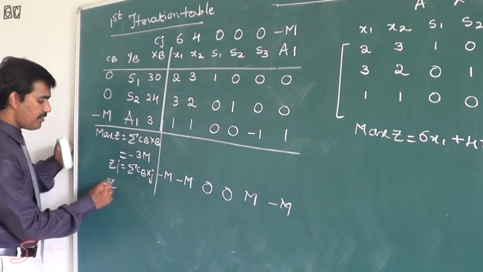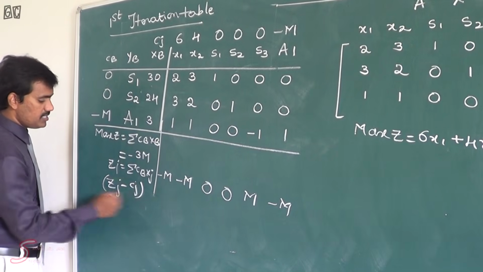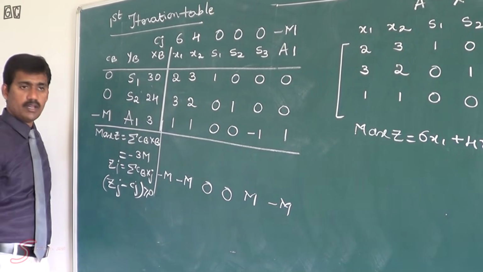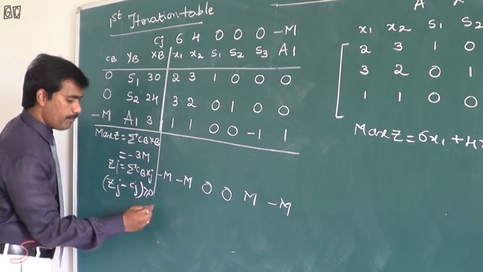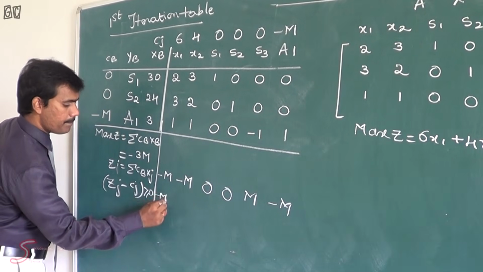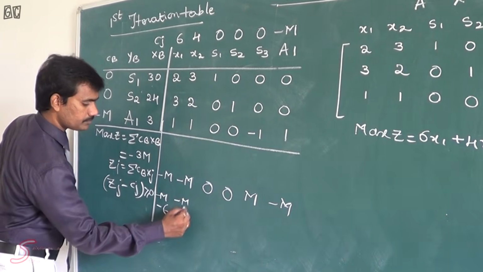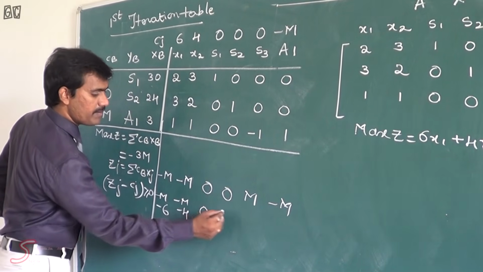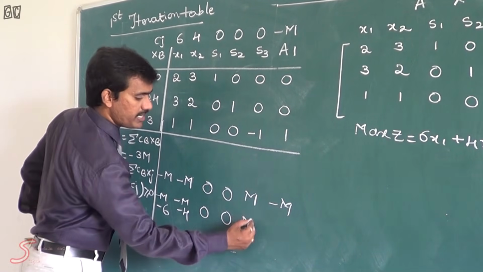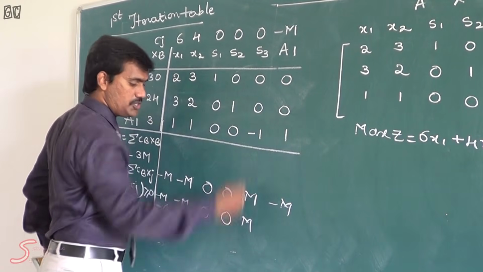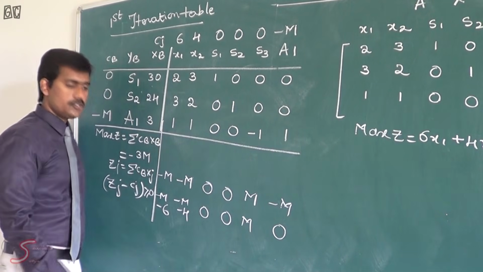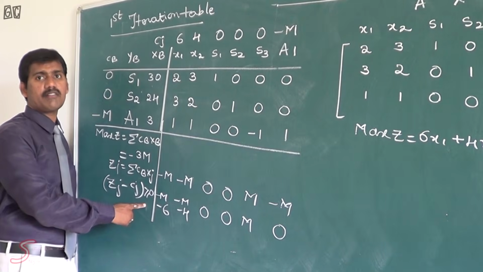Now we have the net evaluation condition, Zj minus Cj greater than or equal to 0. That is minus m minus 6, minus m minus 4, 0, 0, m, 0, m, minus m.